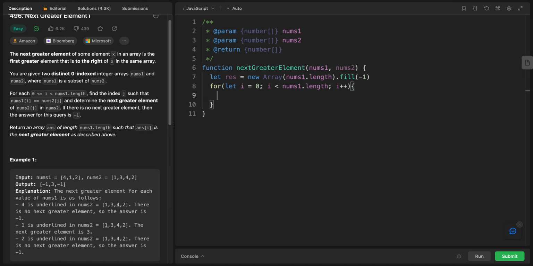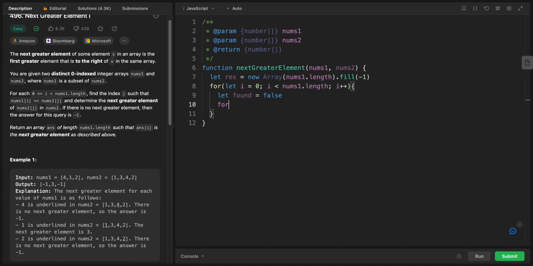Okay, and let's create let found. I will just want to find it first, so it will be false. What's coming to my mind is that when I find it, I will continue to loop to find if there is something bigger than it or not.